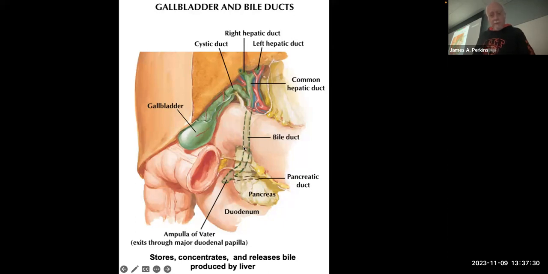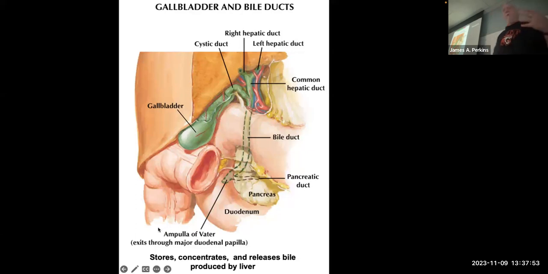The bile duct passes behind the pylorus of the stomach, enters the pancreas. The bile duct is actually embedded within what's called the head of the pancreas. And that bile then ends up passing through something called the major duodenal papilla. I got two names here.